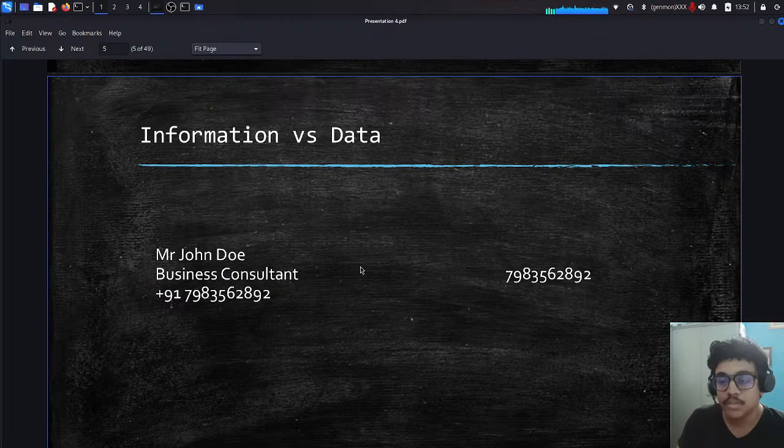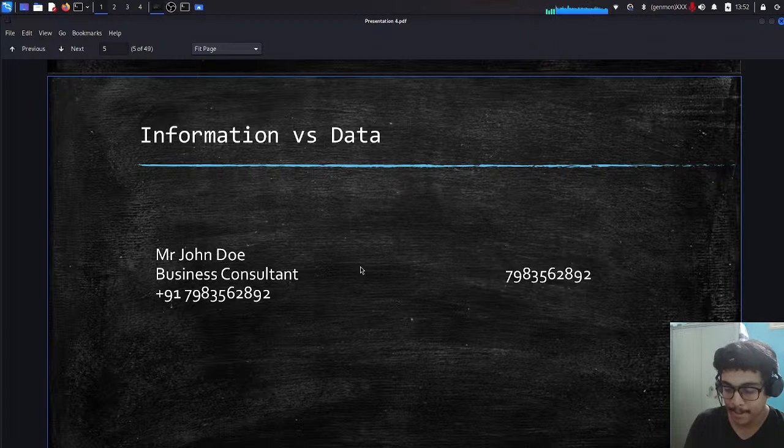Let me just see the chat if there is any confusion between information and data. There are three people. You can ask the question if you are confused in anything I have explained till now. This is very basic information. Everyone should know the major difference between information and data and how it is important to us.